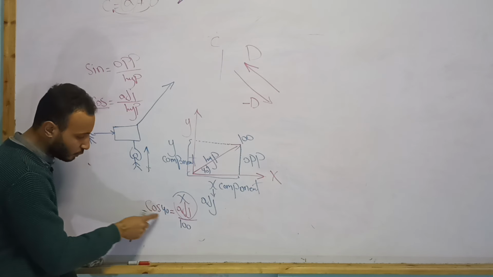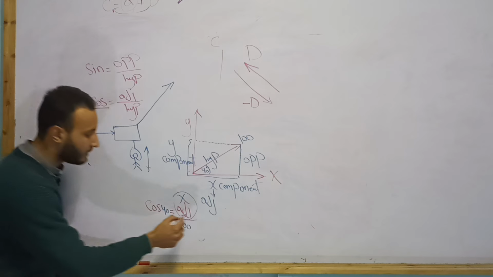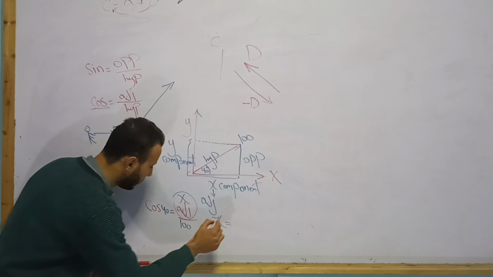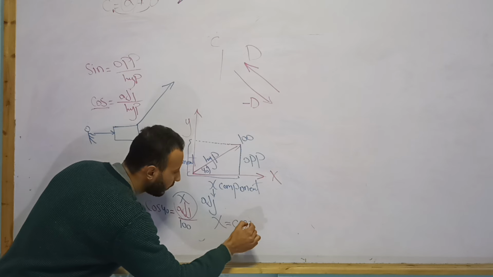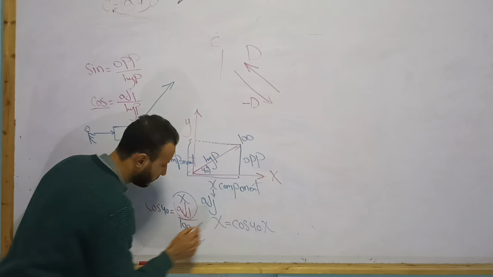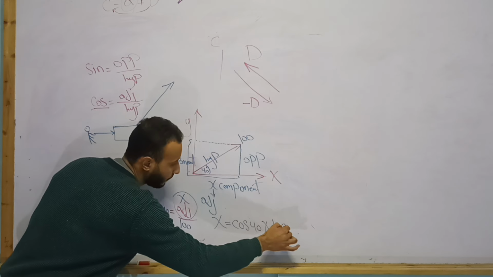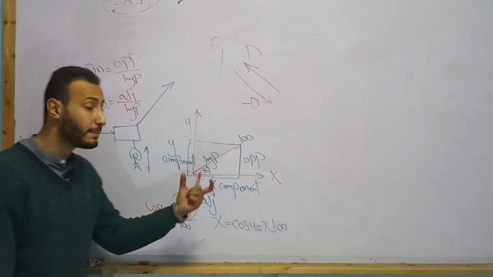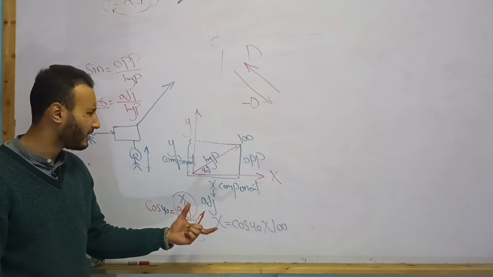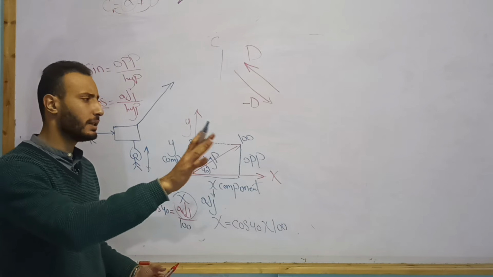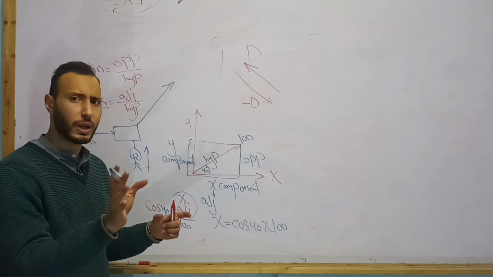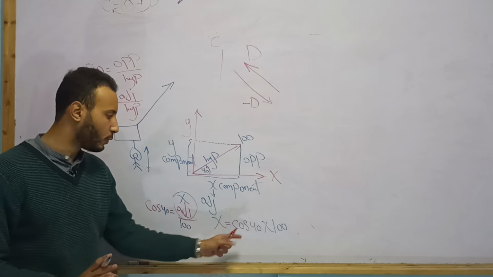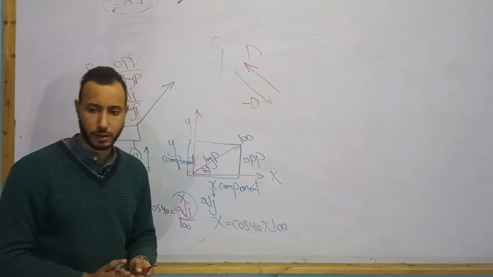This part is equal to this one times this one, so I'll say x equals cosine 40 times 100. You make it on your calculator and you will find the magnitude.